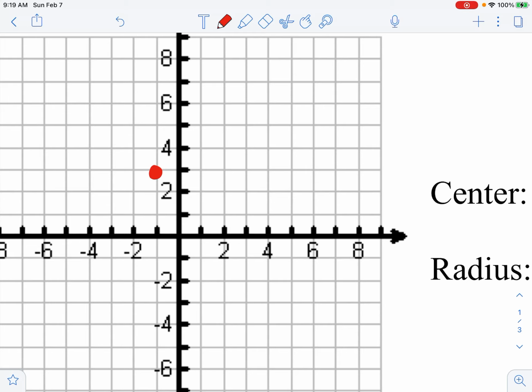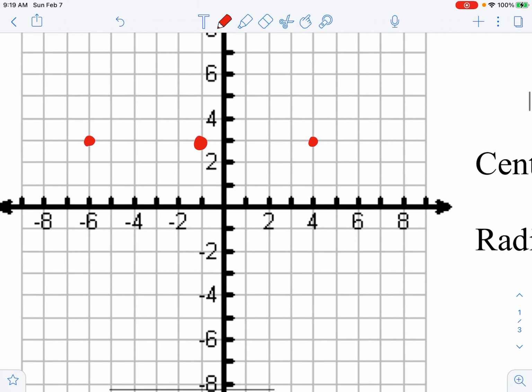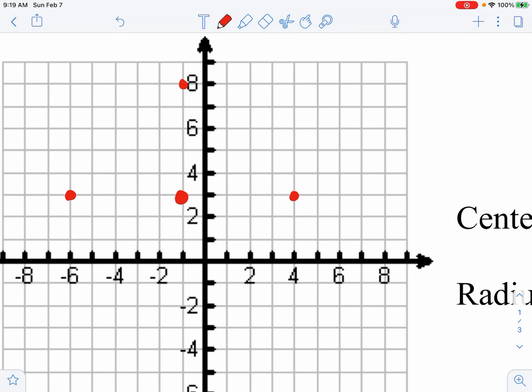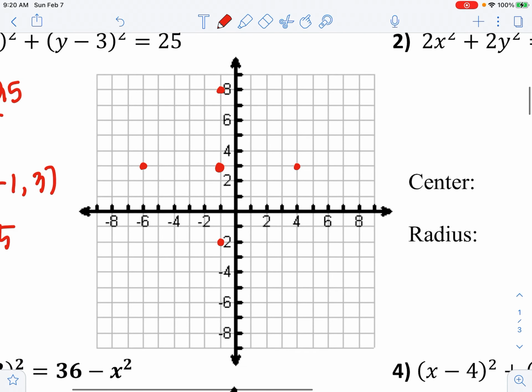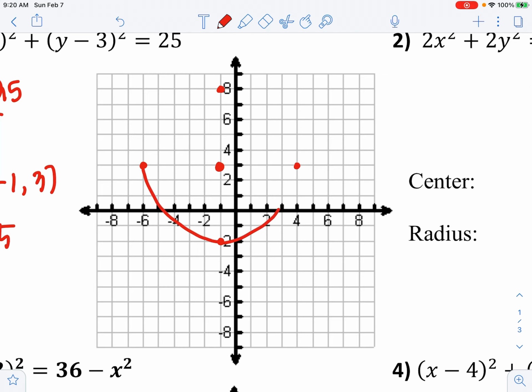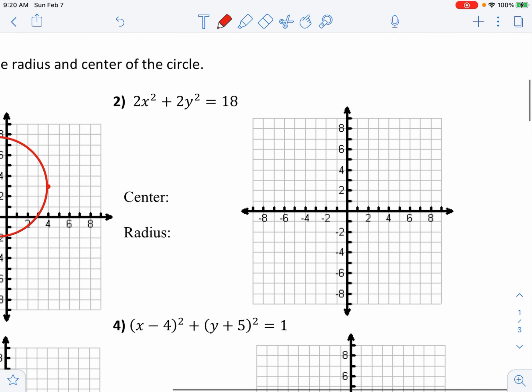In other words, you go right 5, left 5, up 5, and down 5. Then you can connect your 4 points to form your circle. Here we go, and there's my circle.